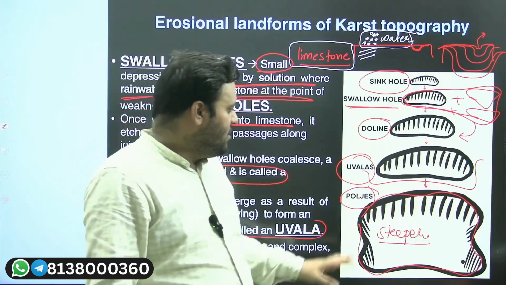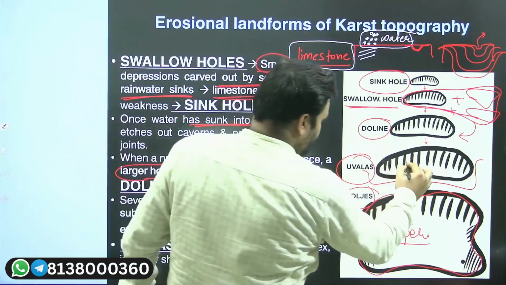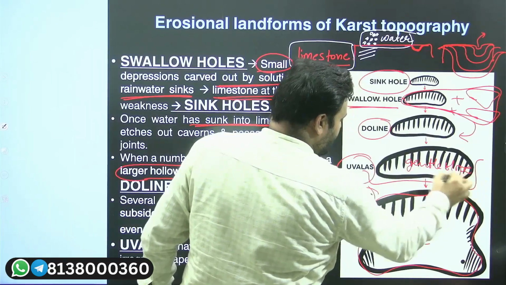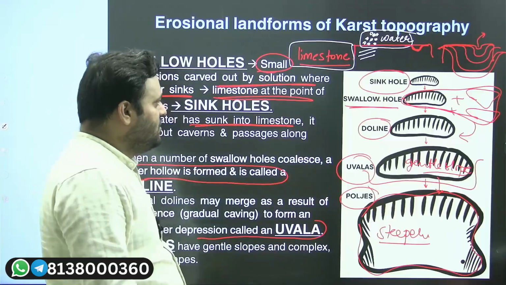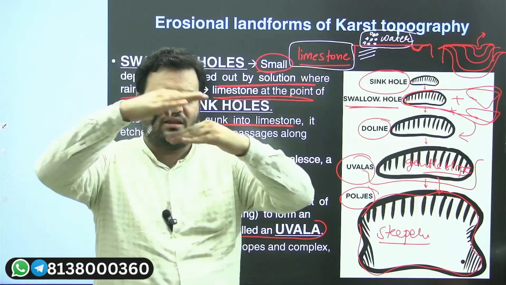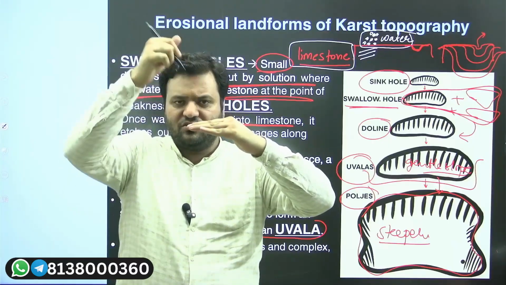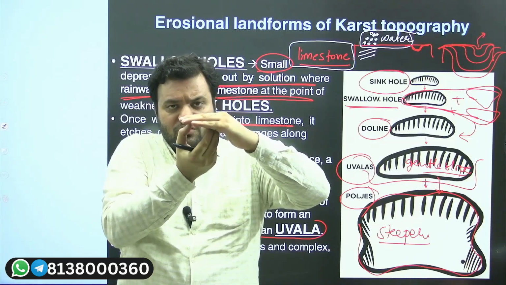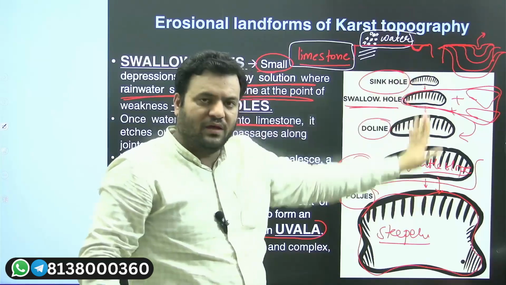Uvalas will have gentle slopes, but because of the action of water here, the slope would become modified. So this is how, suppose we have limestone, when the water is there, a small depression will form. If the continuous action of water is there, continuous expansion will take place, and ultimately we will have the formation of landforms in this way.